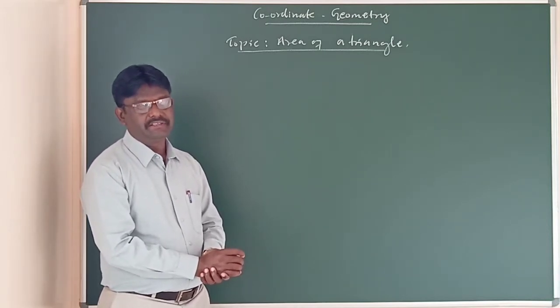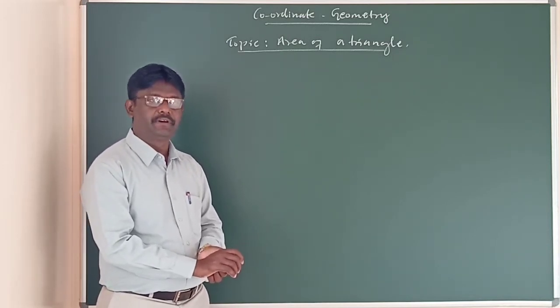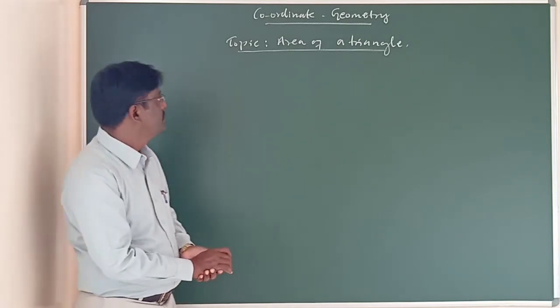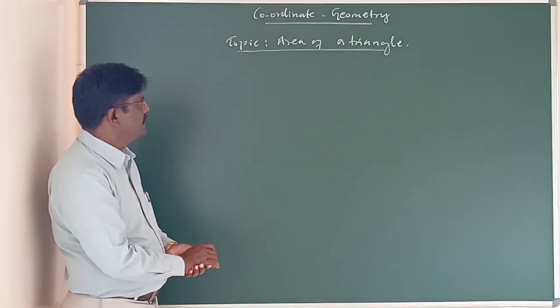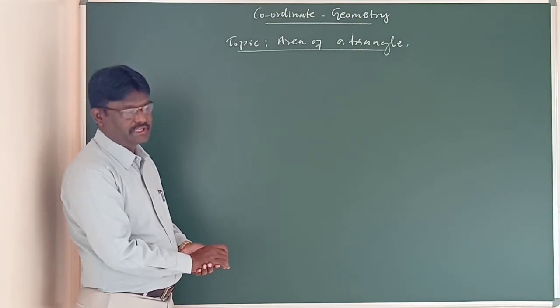Is there any other way or formula to calculate the area of a given triangle? Yes, by using coordinate geometry, we can get a formula to calculate the area of a triangle.